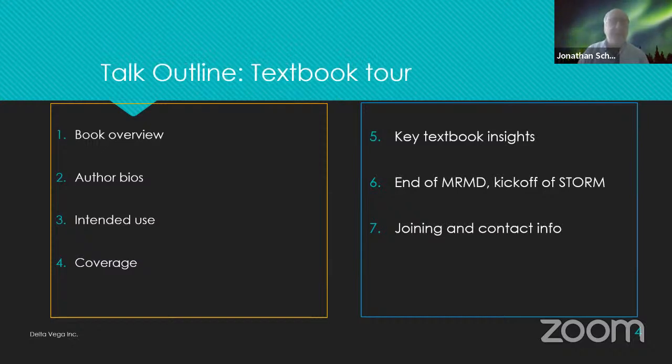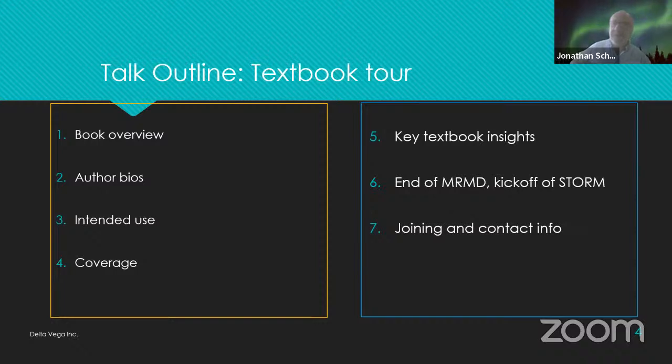Here's the outline of the talk. First, I'm going to do an overview and present myself and the two other authors on the book. I'll talk about how the book can be used, primarily in Masters in Financial Engineering courses, some of which are called something slightly different, but I'm just going to call them all Masters in Financial Engineering. I'm going to talk about the things that we cover from the standpoint of models and areas of finance.